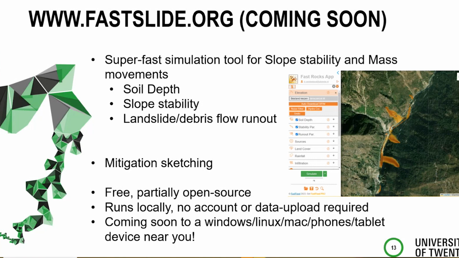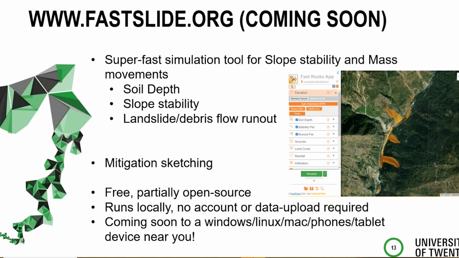I also want to talk about the second tool that's very similar, inspired by the first, that we're working on. FastSlide.org, coming soon to a device near you. This is a similar type of concept: a rapid, physically based simulation tool, so you can also do mitigation and alternative scenarios.